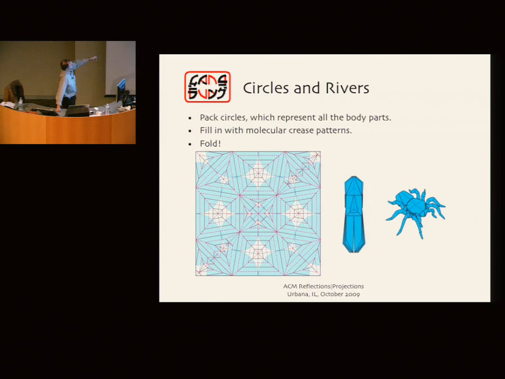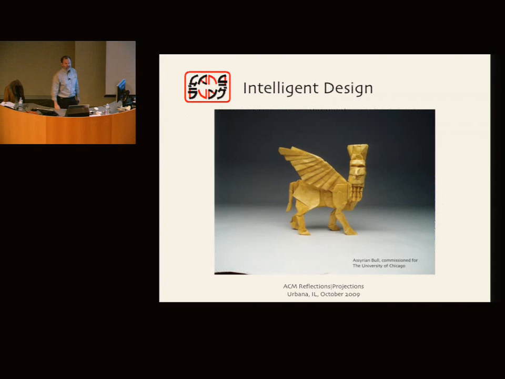But this crease pattern, constructed according to these rules, is guaranteed to fold into a base. And the base is guaranteed to have the right number, length, and connectedness of flaps to be turned into the final shape. And this ability led to a revolution in the world of origami, and it led to a new era in origami design that I call the era of intelligent design.